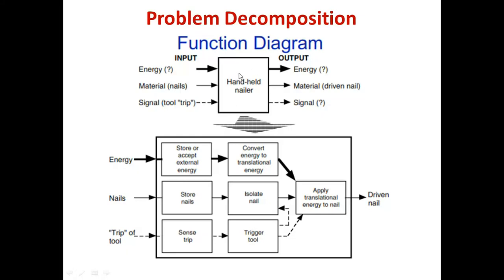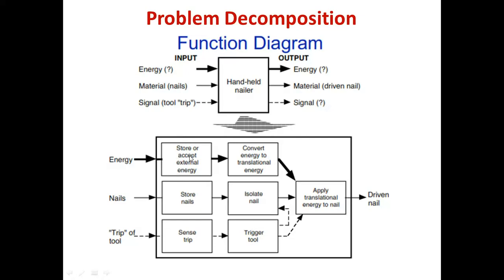This is a hand nailer, and we get the output: the driven nail, and a signal. So we have to decompose each and every one: the energy, the nails, and the trip of the tool, that is, how to do the trigger. We call this problem decomposition. Each and every one you have to study before generating the concept.